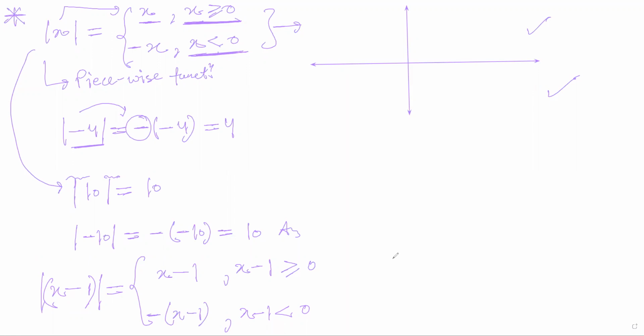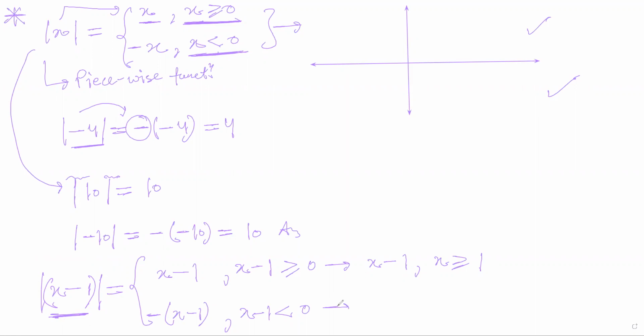Right? Now we can also write this directly as x -1 when x is greater than or equal to 1. Just visualize this. If x is greater than or equal to 1, this value must be positive. Let's say x is 2. So this would always be positive. So the value inside the modulus is positive whenever x is greater than or equal to 1. And whenever x is less than 1, the value must be negative.